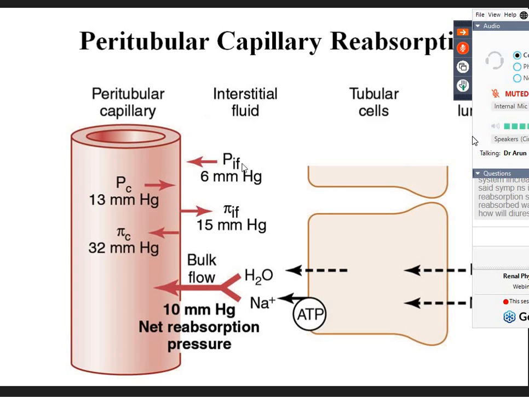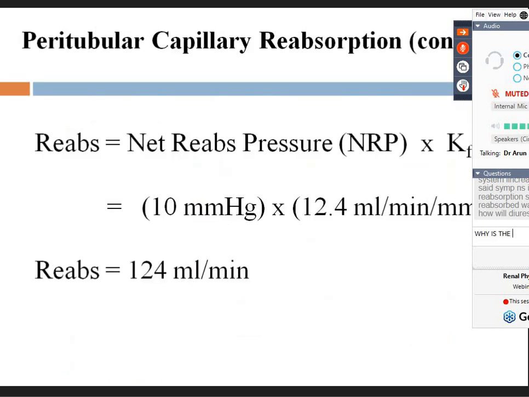Similarly, there will be some hydrostatic pressure here in the interstitial fluid and some osmotic pressure, because so much water and so many osmotically active substances are being reabsorbed. If we see the balance of all these forces, there is a net reabsorption force of 10 millimeter mercury that causes the movement of fluid from the interstitial tissue to the peritubular capillaries. I hope that clears your doubt.